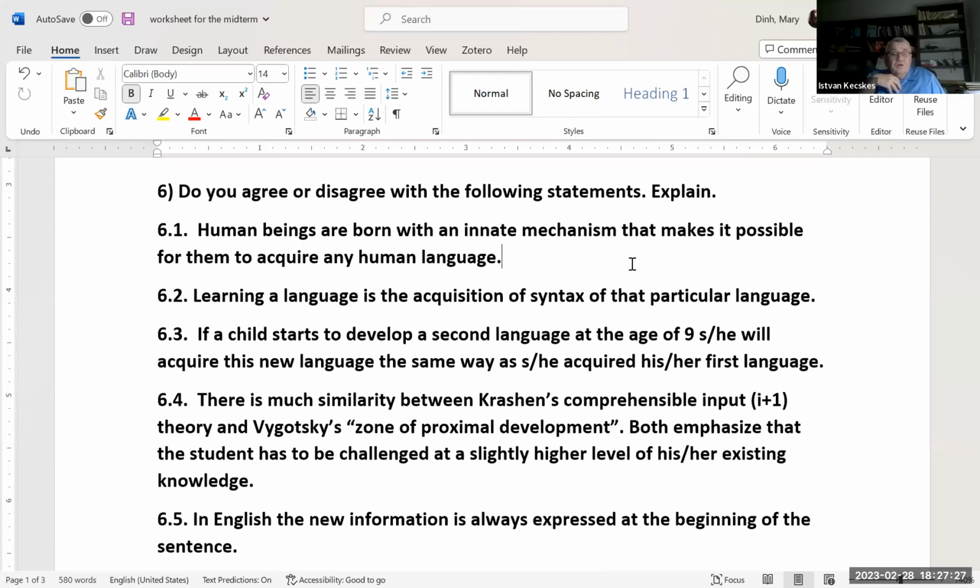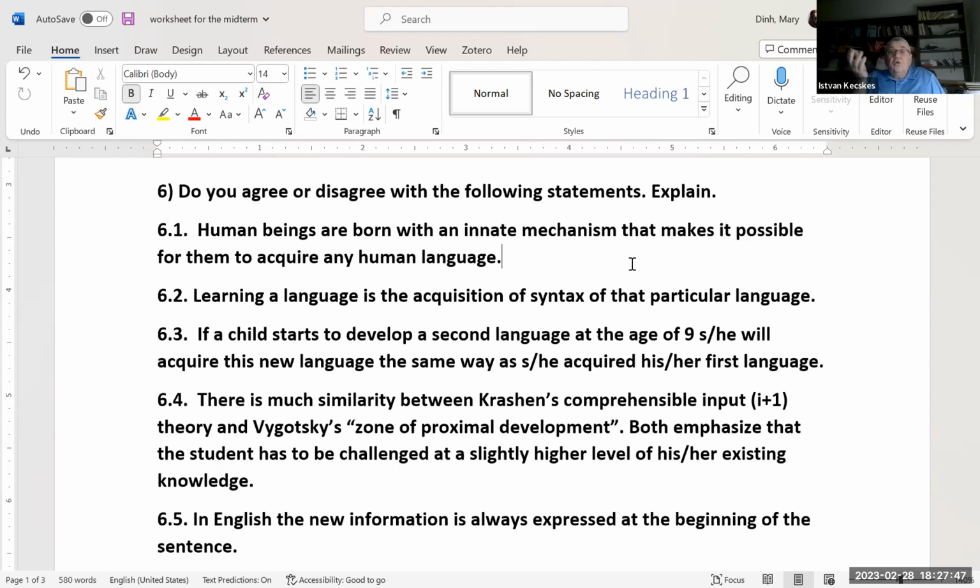Okay, so the next one, there is much similarity between Krashen's comprehensible input theory and Vygotsky's zone of proximal development. Both emphasize that the student has to be challenged at a slightly higher level of his existing knowledge. This is also something that we already discussed today.